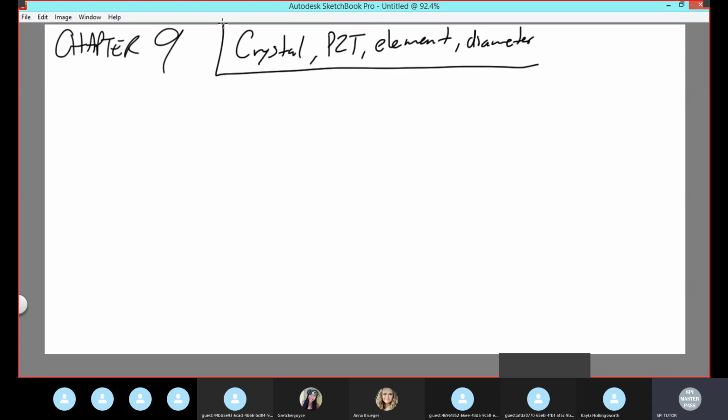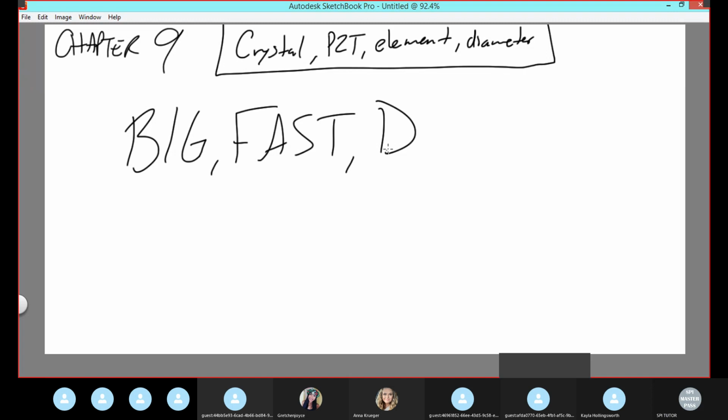If you have these terms, they're talking about this physics that I'm gonna go over right now. The phrase to remember is big, fast, deep for your focus.